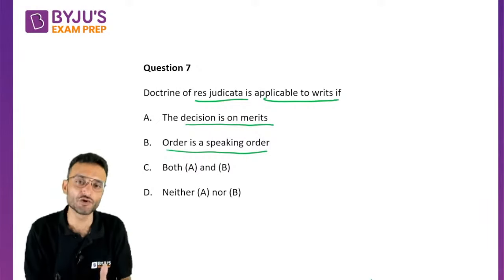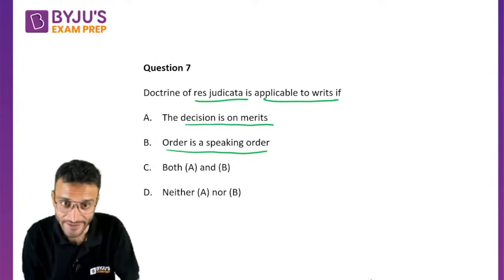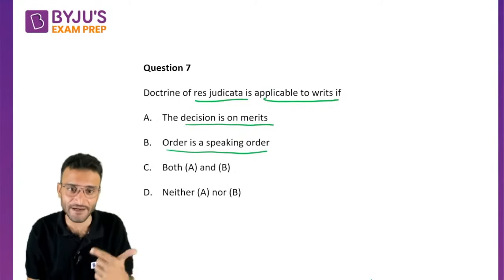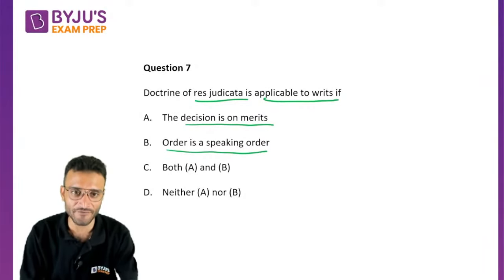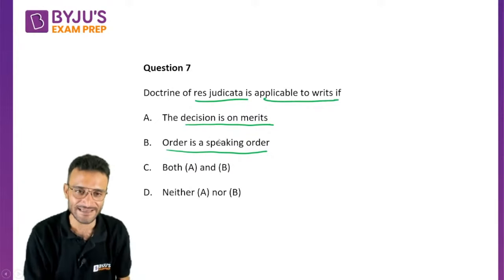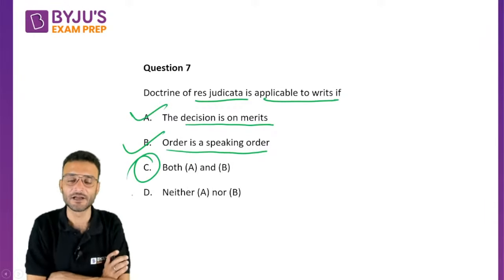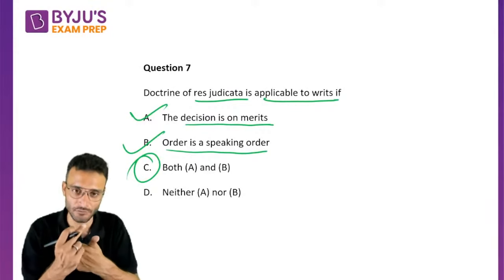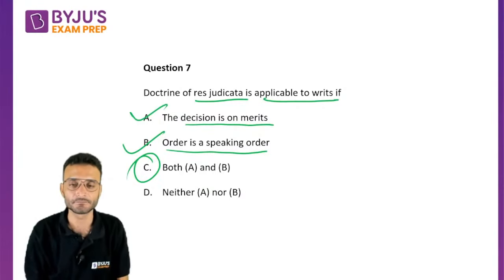The doctrine of res judicata is applicable to writs if the decision is on merits. Is it order or is a speaking order, both A and B, or neither A or B? Let me see how many of you have given me the right answer. All of you say C. Yes, it is both. So option C is the right answer. Res judicata is applicable to writs if the decision is made on merit or the order is a speaking order.